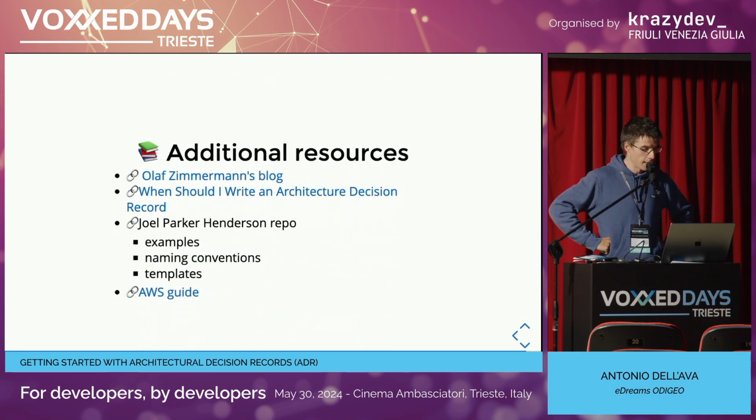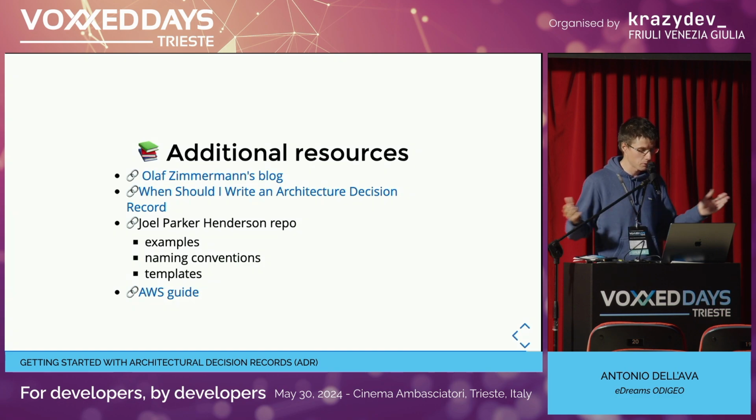Yeah, additional resources that I wanted to give you to continue studying, okay? First of all, I mentioned Olaf Zimmermann. He's an architect. I encourage you to read his blog. There are a lot of resources about these problems. Another important, relevant one is the blog post "When Should I Write an Architectural Decision Record" by Spotify.